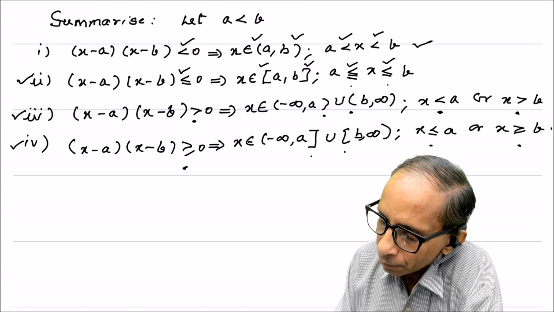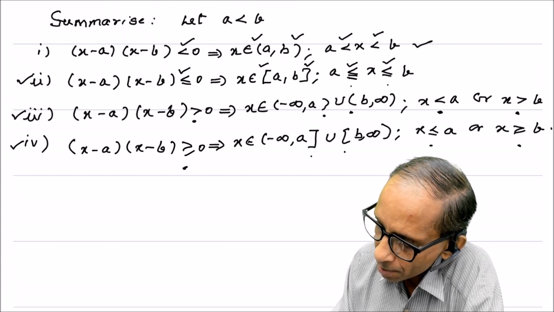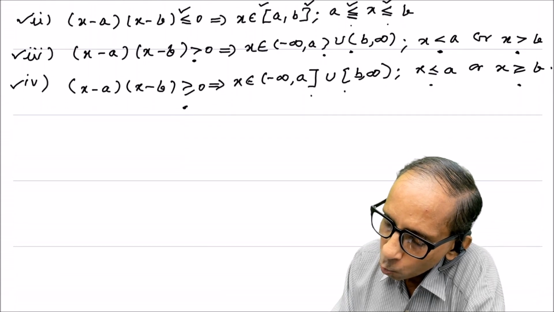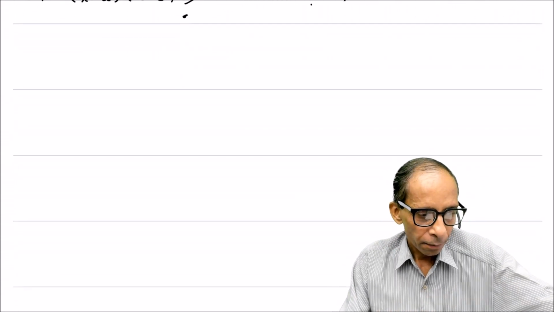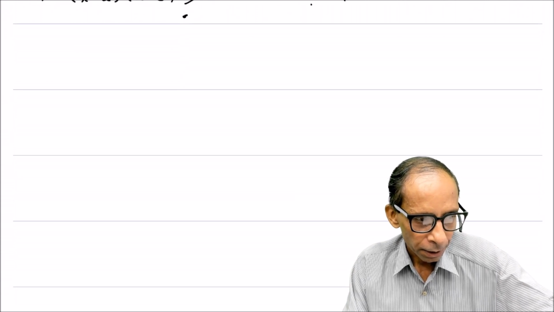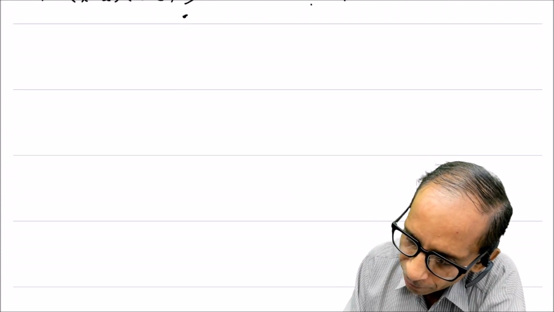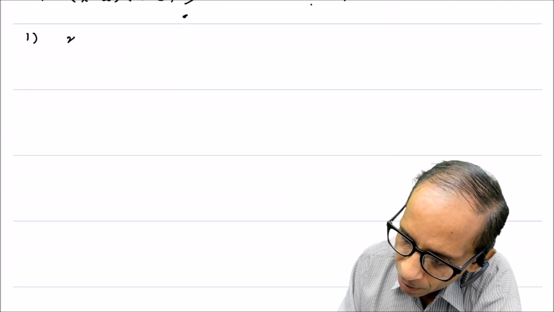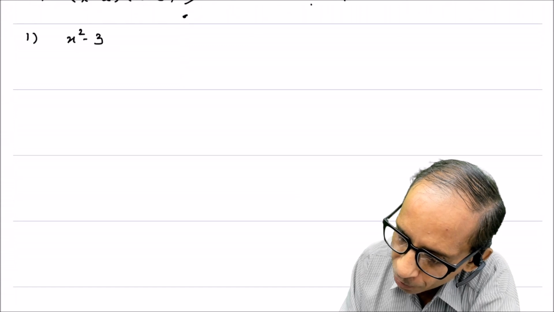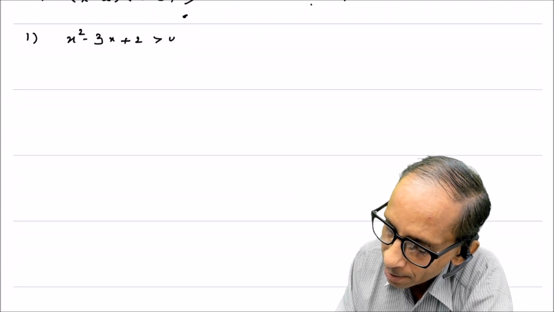Now, we go for some simple questions to understand these four results. We take up the questions here. The first question that we have is x square minus 3x plus 2 greater than 0.